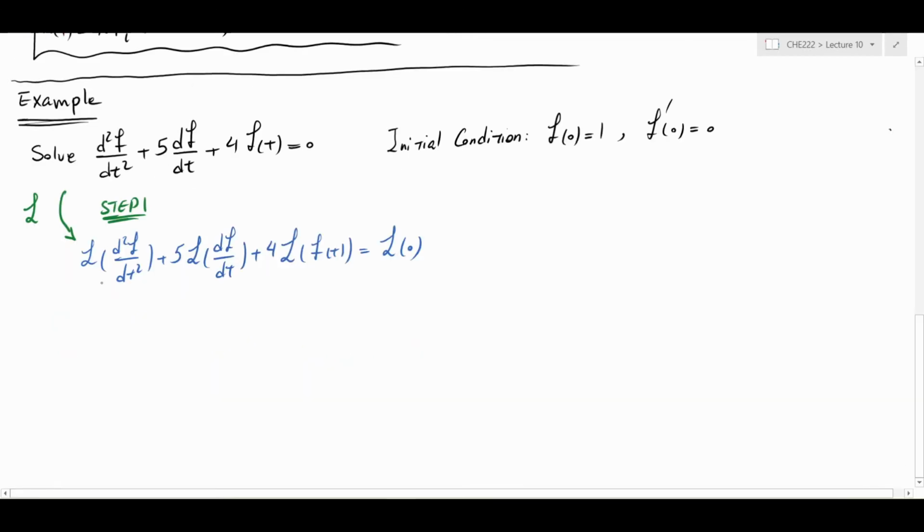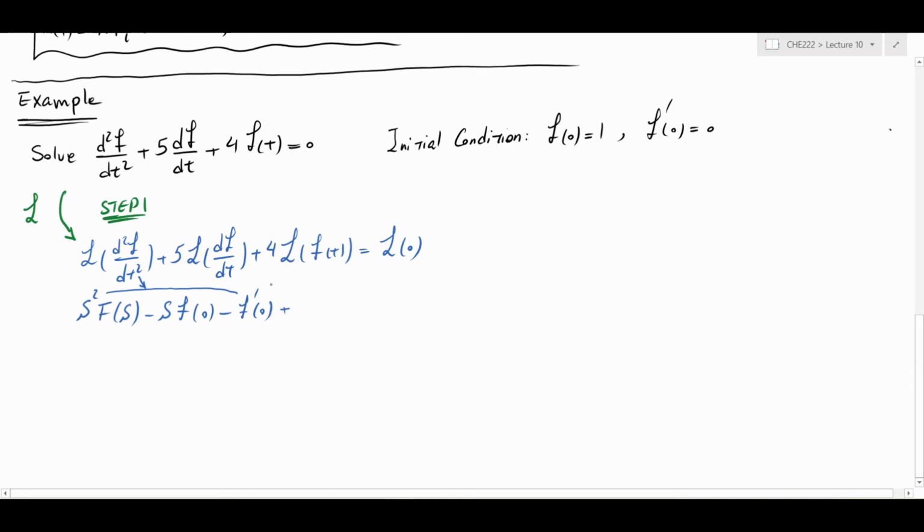The Laplace transform of the second derivative is s squared capital F(s) minus s times the original function at time 0 minus the derivative of the original function at time 0. So these three terms correspond to the first term.